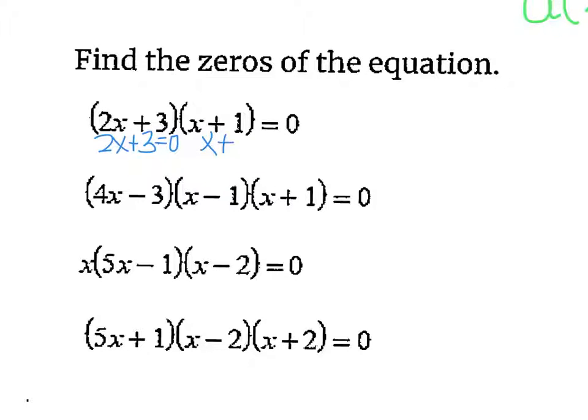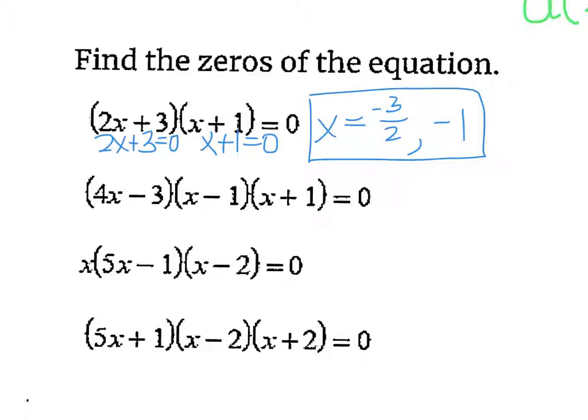And x plus 1 is equal to 0, and solve for x. If you get x by itself in each one, you get x equals -3/2 for the first little mini equation, and then x is equal to -1 for the second. And there's our two solutions. Those are the zeros of the function.